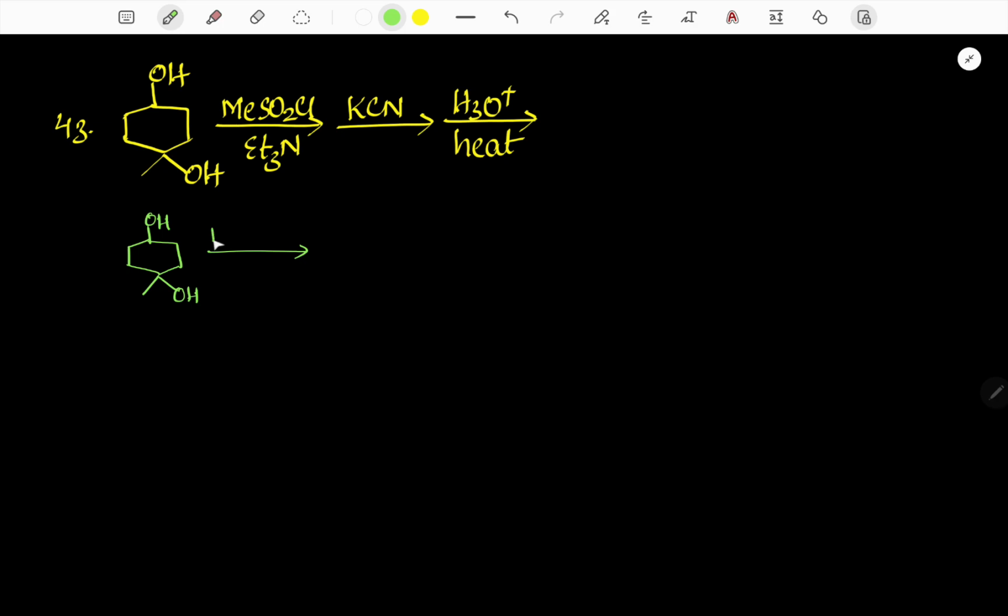Now it is treated with methyl sulfonyl chloride in the presence of pyridine. So here we have a leaving group. The lone pair can attack, but the problem here is the steric factor. It is more sterically crowded, so it won't participate. It is less sterically crowded, therefore the less sterically hindered alcohol will react.